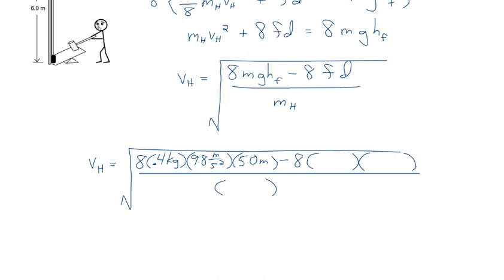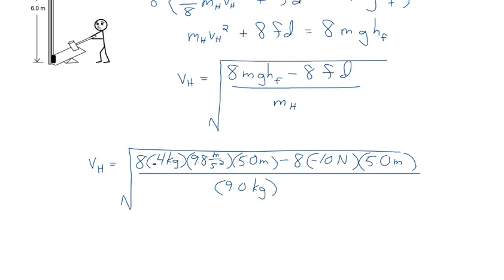It was negative work, and I didn't make a negative up here. So now is where I do have to put it in. So instead of 10 newtons, I'm going to put this in as negative 10 newtons. And what's the d? Yeah, it's also 5 because it's happening over the entire time. From start to finish, friction is happening from the beginning until the end. And then the mass of the hammer was 9 kilograms.